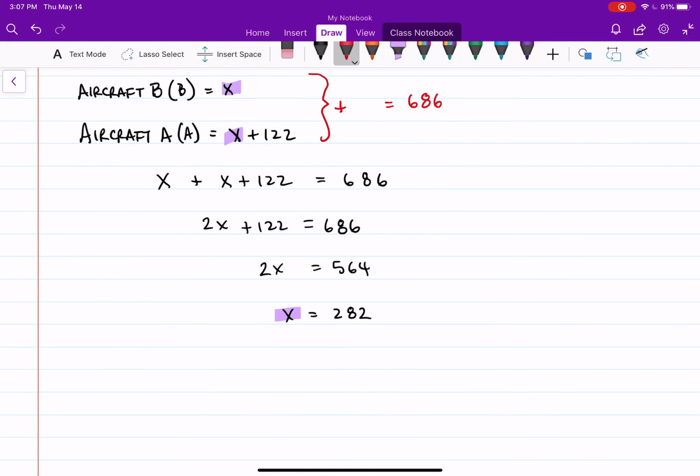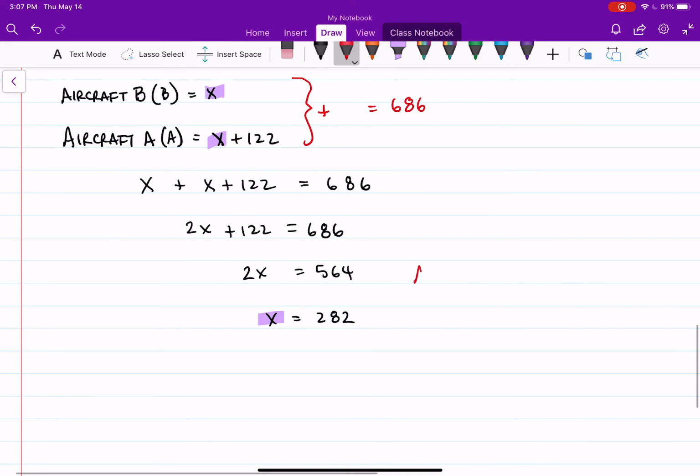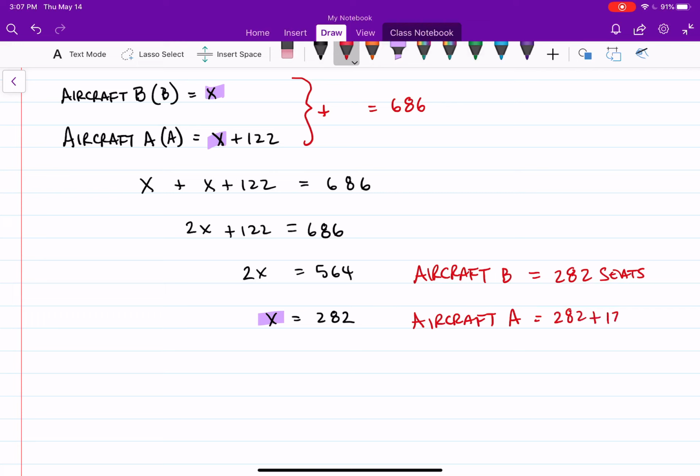So in this case, aircraft B has 282 seats. Aircraft A has 282 plus 122.